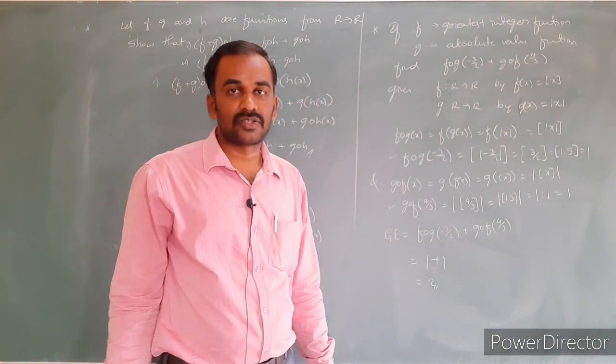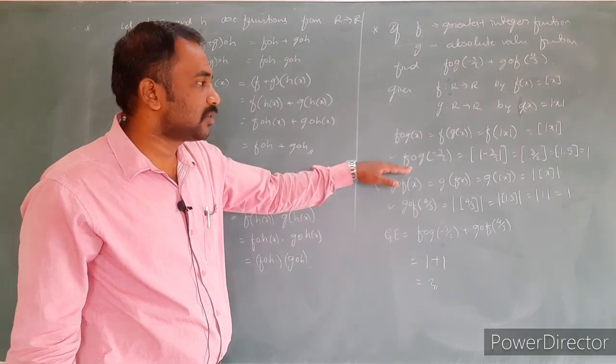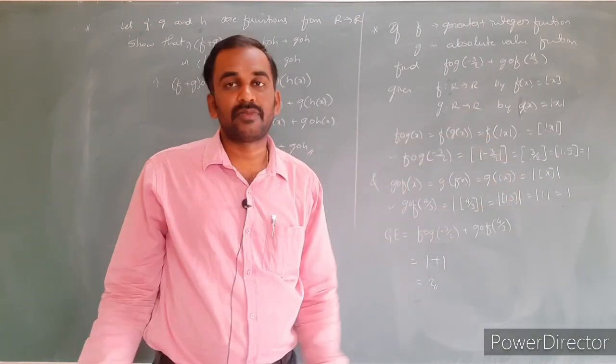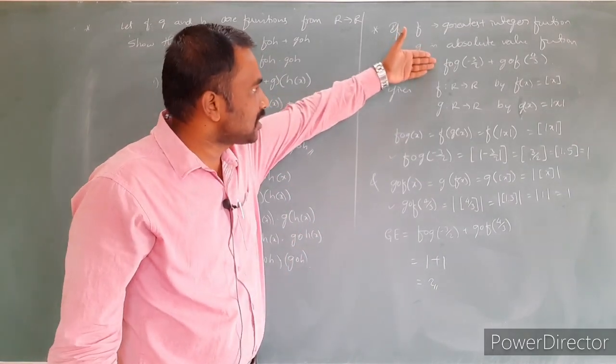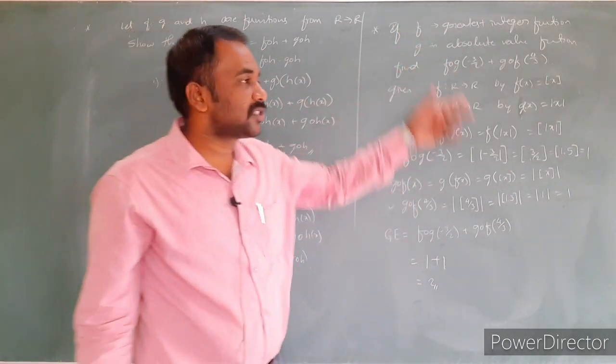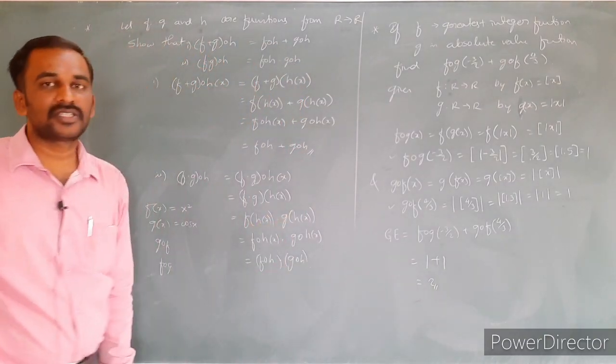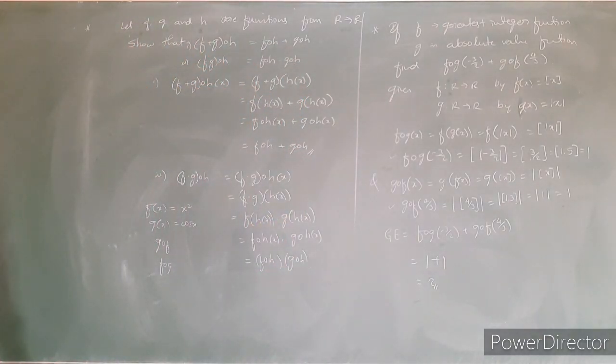It is a 3 marks question, very simple. Finding this one gets 1 mark, finding this one gets 1 mark, and getting the final expression value gets 1 mark. Or else you can simultaneously solve the given expression and get full marks. Nothing to worry. This is how they will ask questions on the composition of two functions.